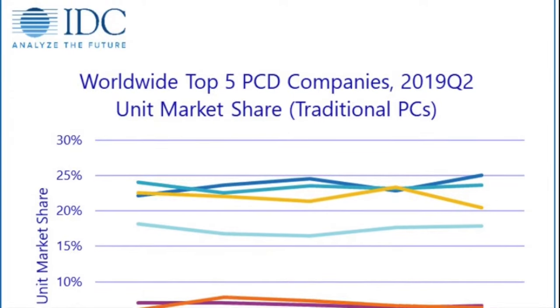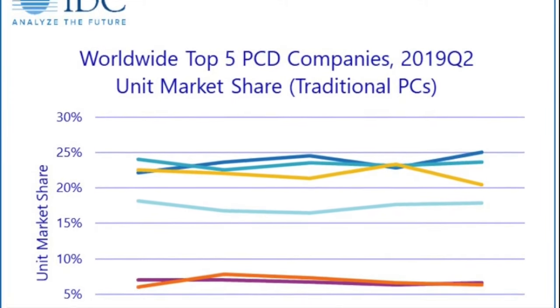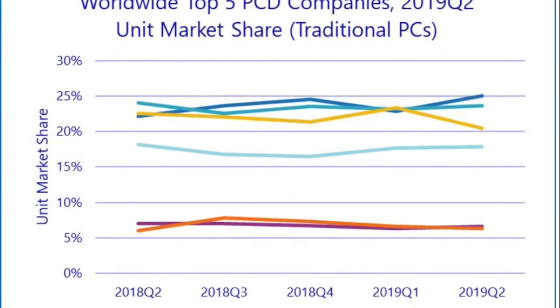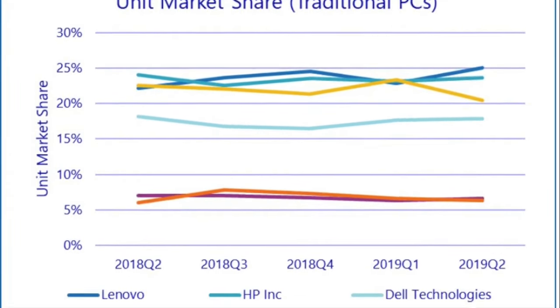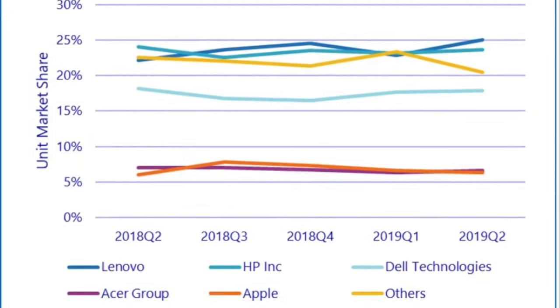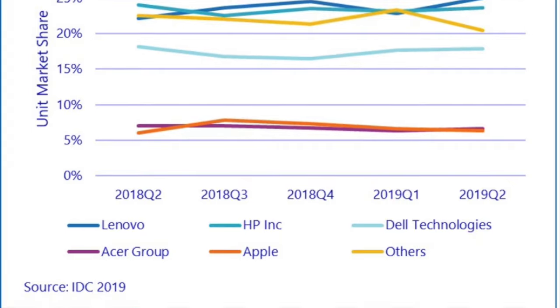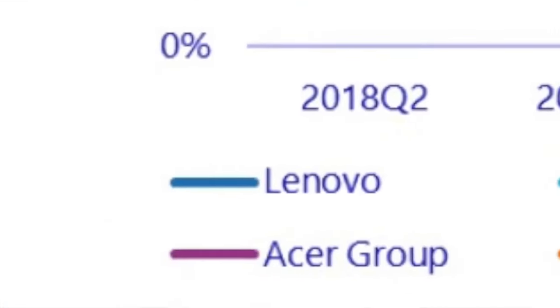Indeed, in 2019, IDC and Gartner concluded that the PC market actually grew 4.7% and has been growing steadily since its low point in the last decade. And with over a quarter of the market's sales, guess which company is top of the roost in the PC market? Yep, you guessed it, it's Lenovo.